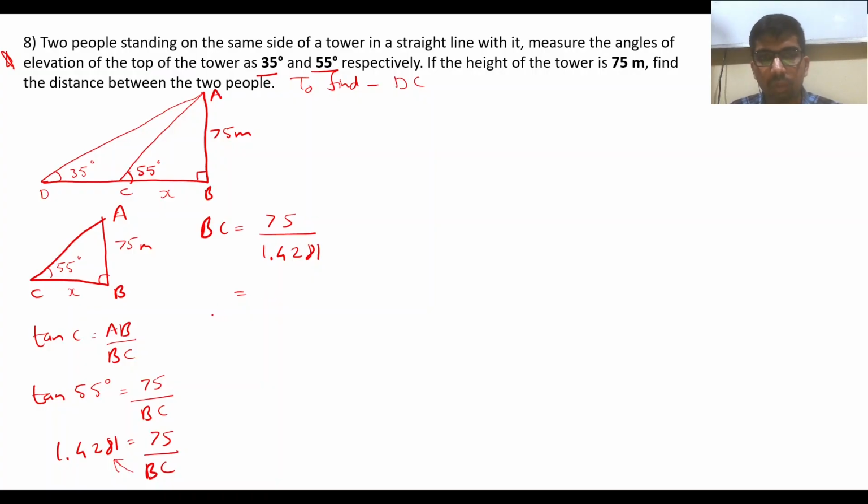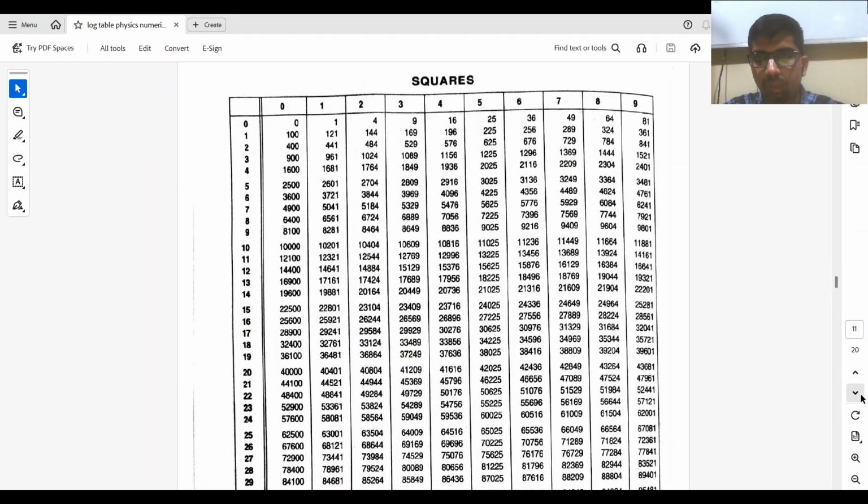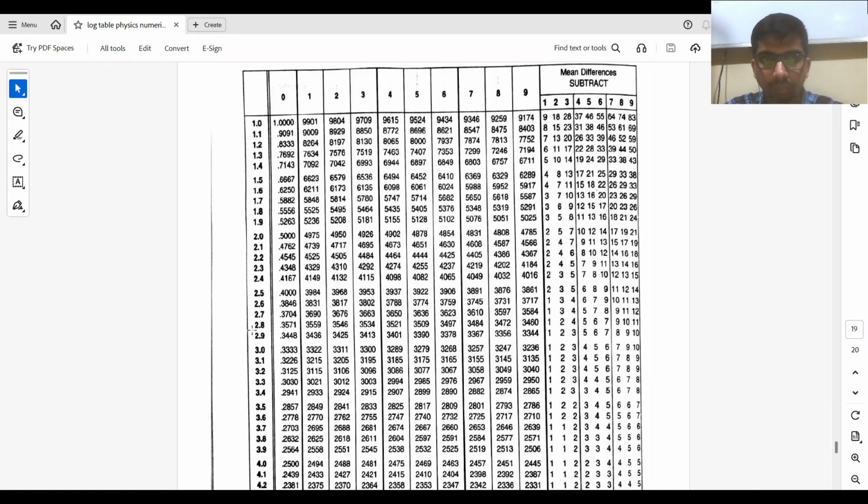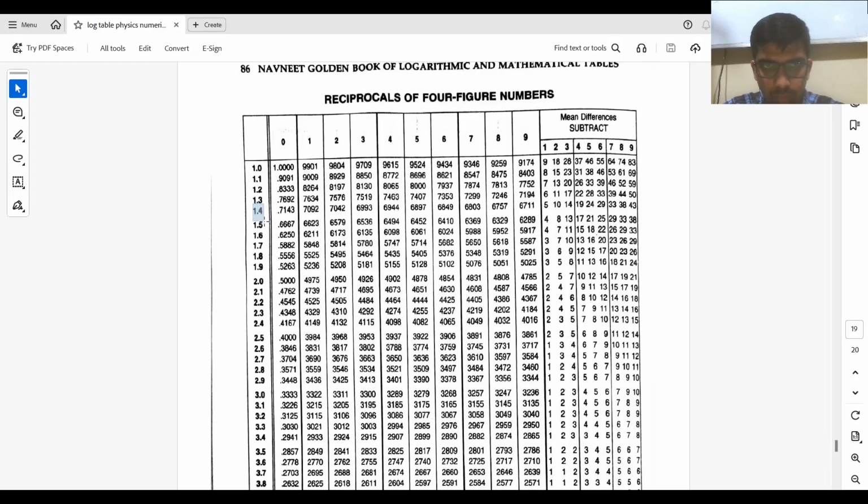First find the reciprocal of 1.4281. Now you have to use the reciprocal table. For 1.4281, I have to take three numbers after the decimal: 1.428.